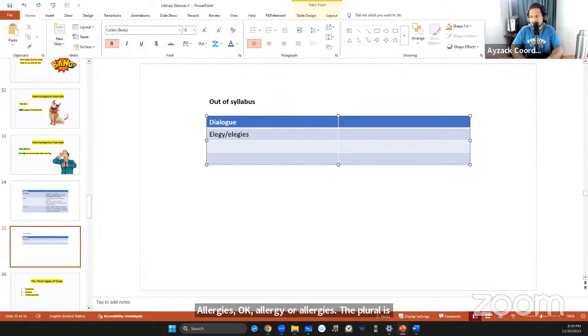And an elegy is an excessive praise, an accolade or praise dedicated towards someone. What is the only elegy we found in our syllabus? Tell me, what is the only elegy that we found in our syllabus? It is an accolade of someone who is perhaps dead, by the way, okay?